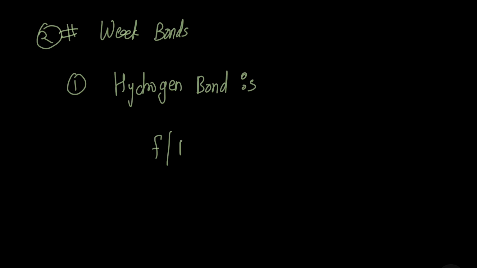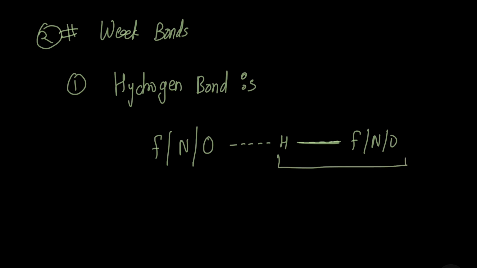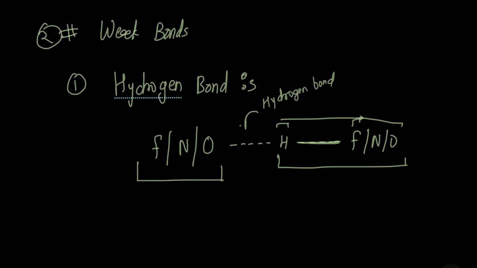F or N or oxygen forming bonds with H, again forming bonds with F, N or O. A molecule containing hydrogen covalently bonded to F, N or O will have this hydrogen bond with another F, N or O containing molecule.